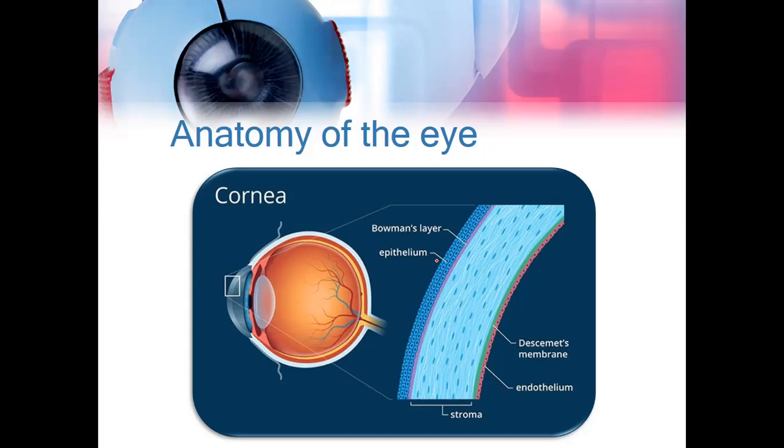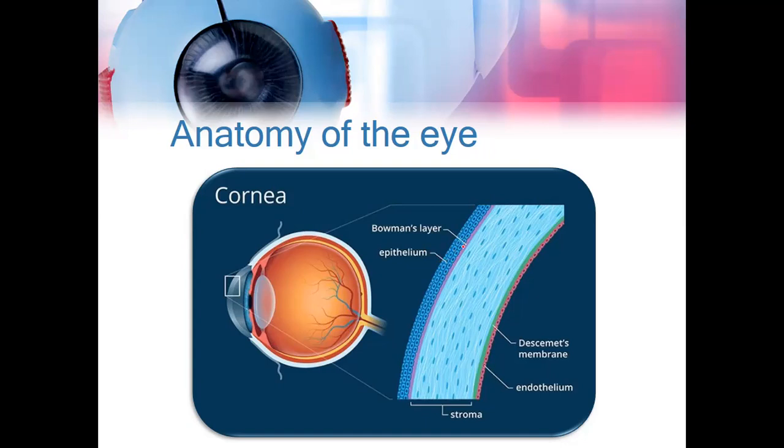Then we have Bowman's membrane, which has a lot of collagen fibers. It does not have a good renewal capacity. So when there is some sort of damage that reaches Bowman's layer, it takes a lot more time than it would if there was only damage in the epithelium.